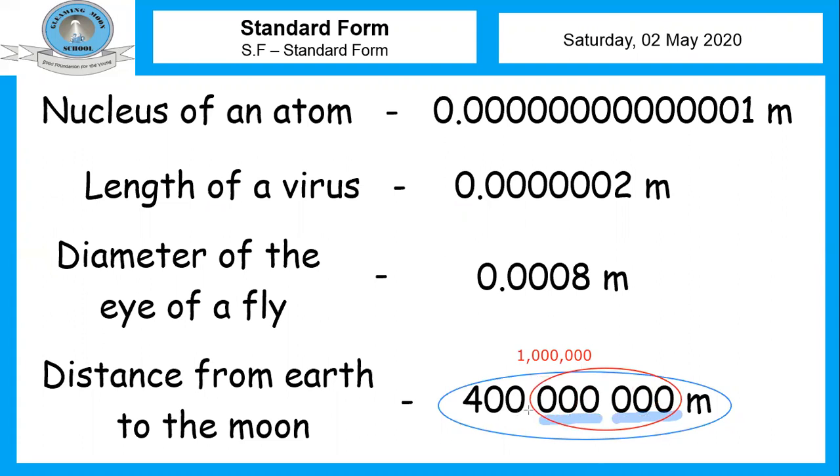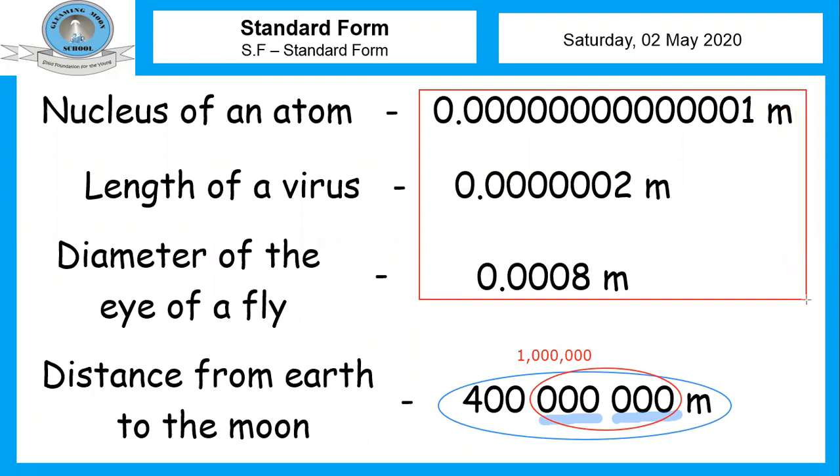So this number here is 400 million. Okay, so if the distance from Earth to the moon is 400 million, that's a very big number. Now imagine these ones that are 0.000. You will find that these numbers are very small numbers, whereas this one here is very big.